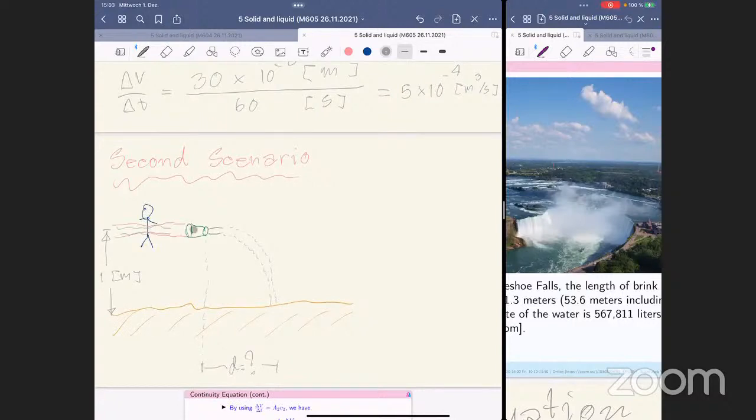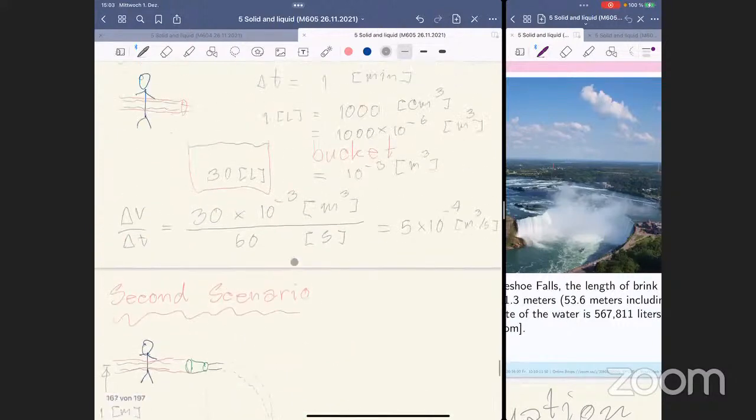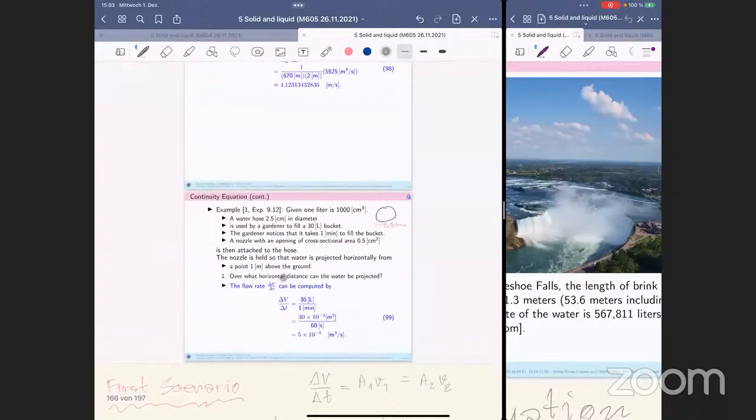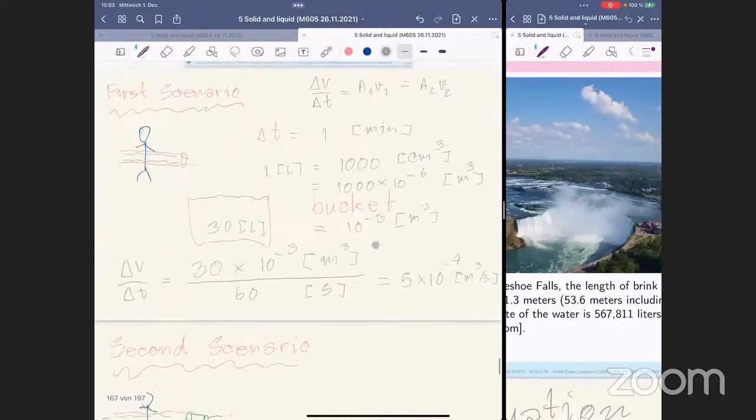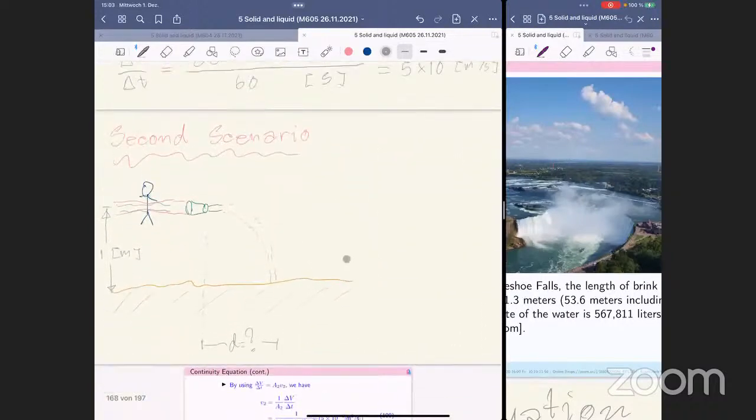Yeah, we know the water flow rate from the hose or the water pipe here, and they say the cross-sectional area of the nozzle is 0.5 square centimeter, but we need to convert it to the SI scale, right?